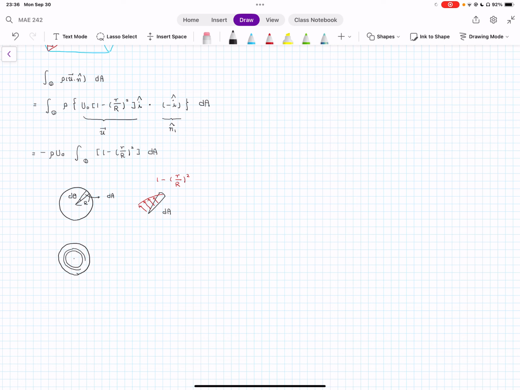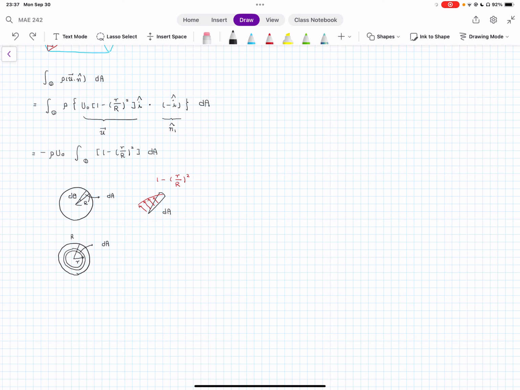Say this is a dA. Then you have a radial location lowercase r, and the maximum radius is capital R. With this geometry, the integrand term, 1 minus r over R squared, is only a function of the lowercase r. Therefore, the integrand remains constant on this infinitesimal area element dA.